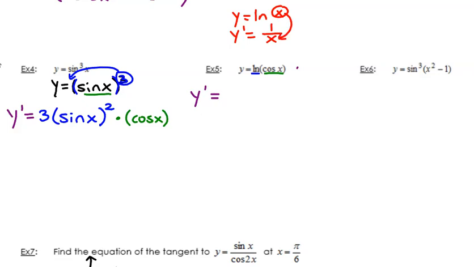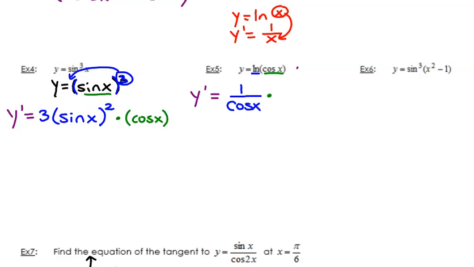I'm hoping this makes sense to you. The derivative of ln cos x is 1 over cos x, because whatever is here goes basically underneath. Notice that the cos x hasn't been dealt with yet. You haven't actually done the derivative of the cos x yet. That means the chain rule says, okay, it's my turn.